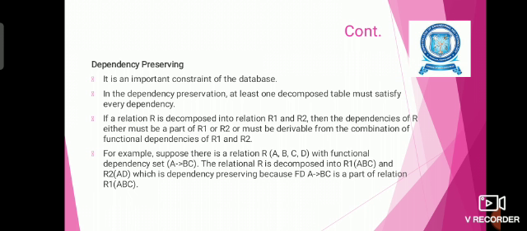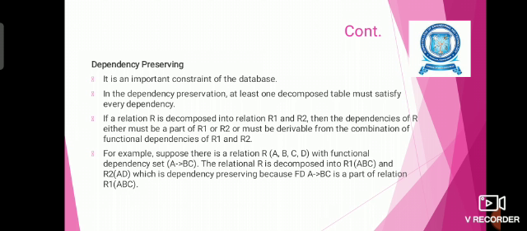Suppose that the relation R has four attributes A, B, C, D with functional dependency A implies BC. A implies BC is one of the functional dependencies present in the table R. And we are decomposing the table R into R1, which keeps three attributes A, B, C, and R2, which keeps two attributes A and D. This is dependency preserving because the functional dependency A implies BC is present in the relation R1.